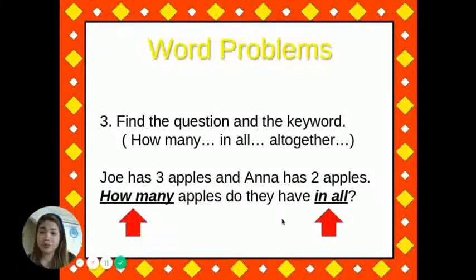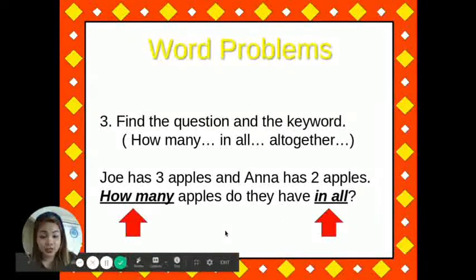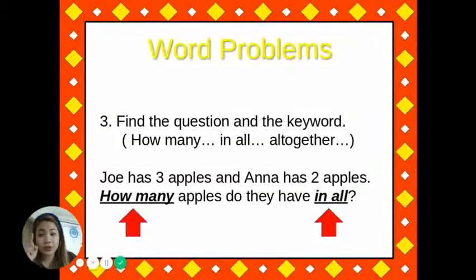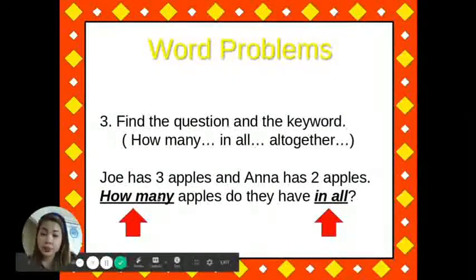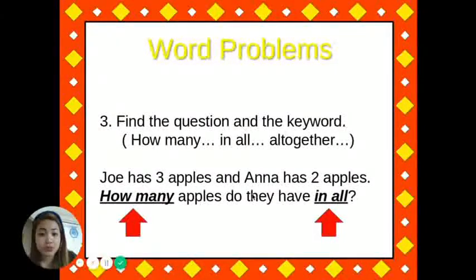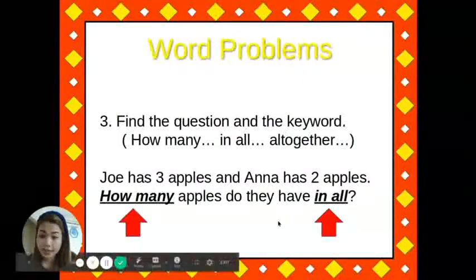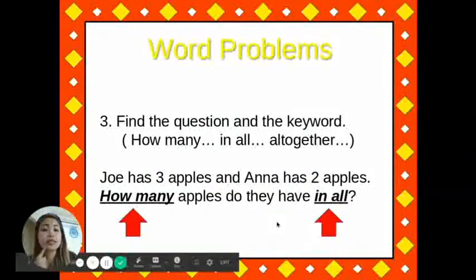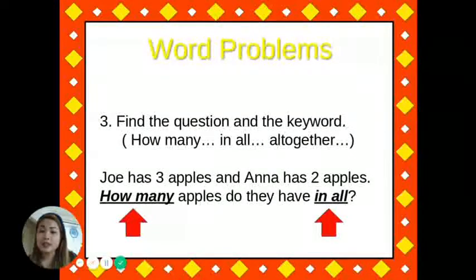Next step, you have to find the question and the keyword. So we are going to find the question in the word problem. So in this word problem, the question is, how many apples do they have in all? So that's the question, guys. So my keyword is the one that will tell me if this is addition or not.